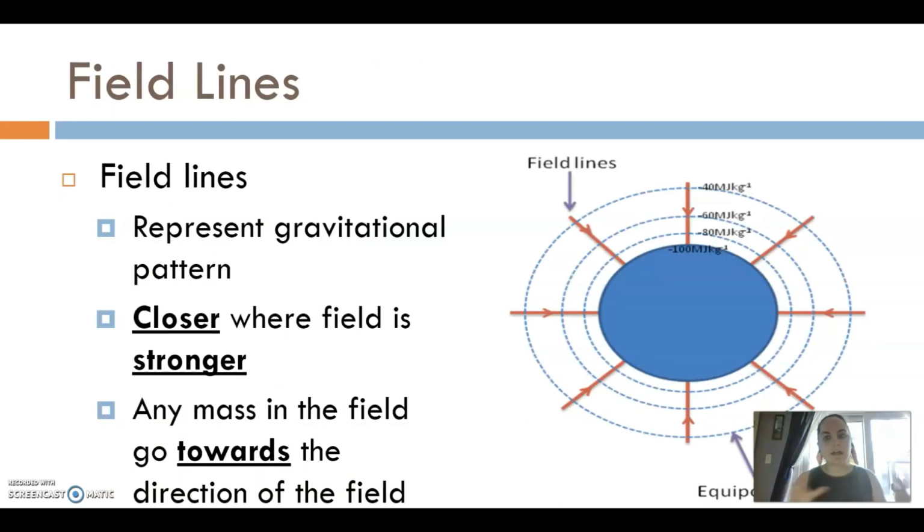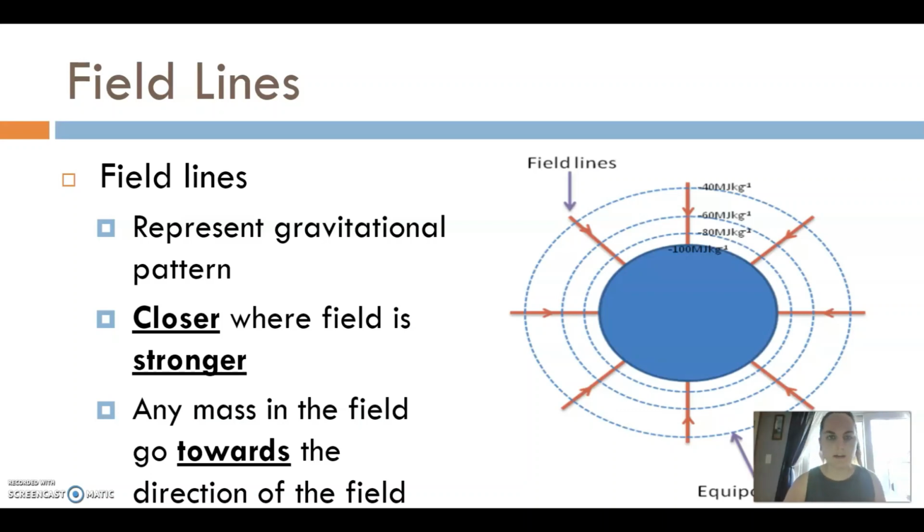When we are looking at these field lines, we can see that as we increase our distance from the center of the Earth, the force of gravity is less on us. We have less force acting on us, so we perceive this as a difference in our weight.